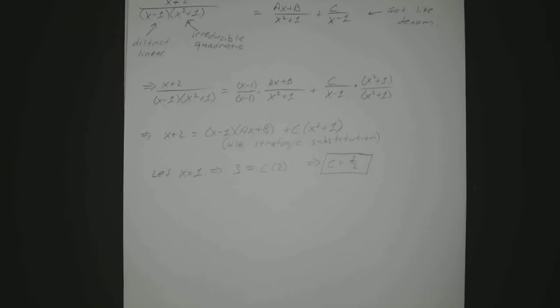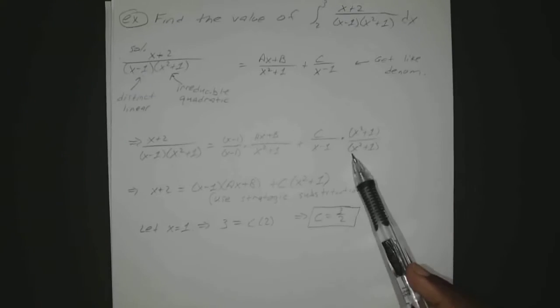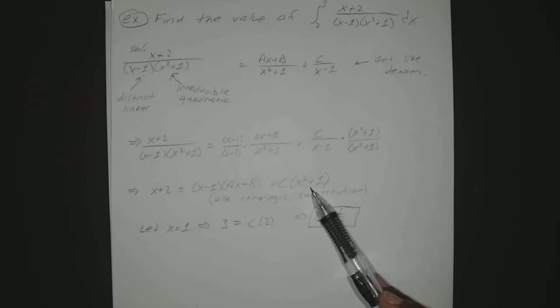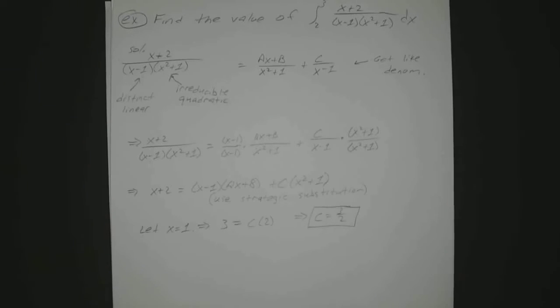Just like before, we don't have any more strategic substitutions we can make, because if you put in negative 1, it would still come out to be 1. If you put in positive 1, it wouldn't disappear.